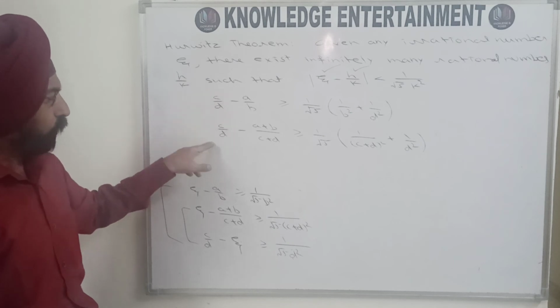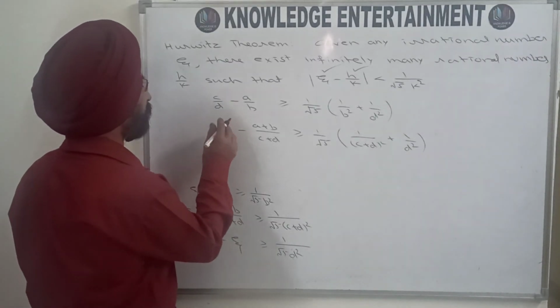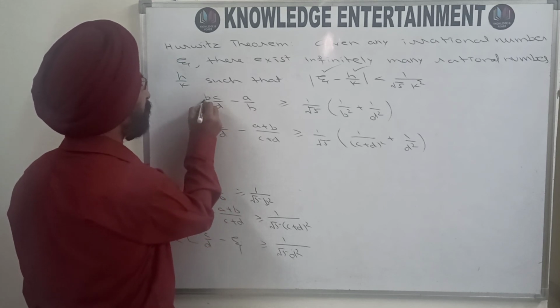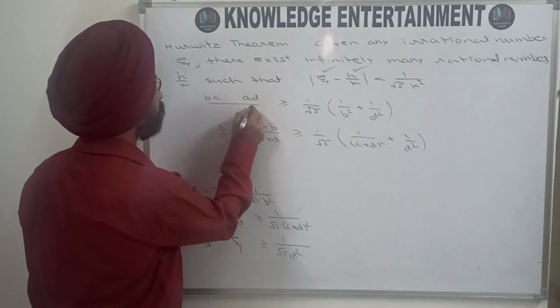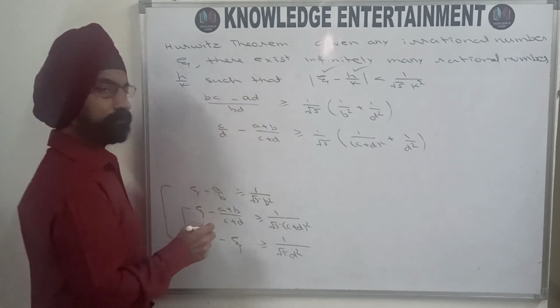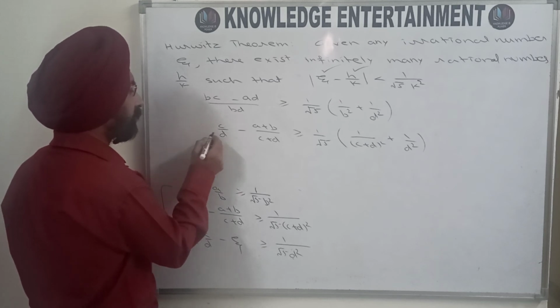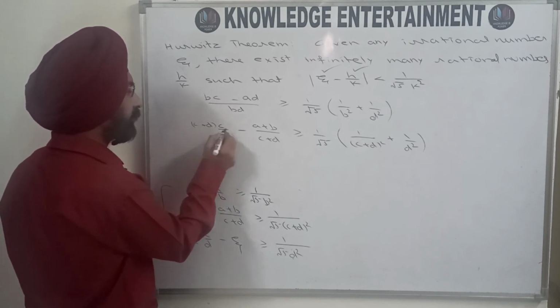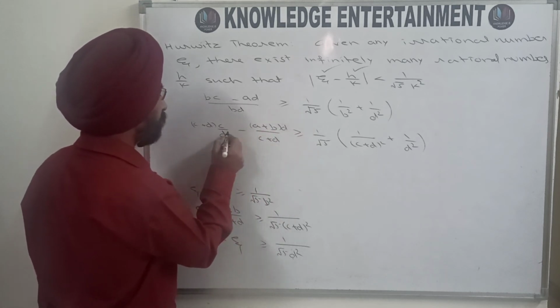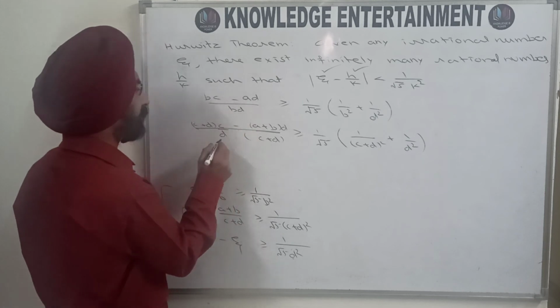this inequality, now look at these two, take LCM here. Taking LCM here, you will get BC minus AD upon BD. Similarly, taking LCM, you will get here C plus D, C minus A plus B, D upon D into C plus D. Here you will get a minus sign.